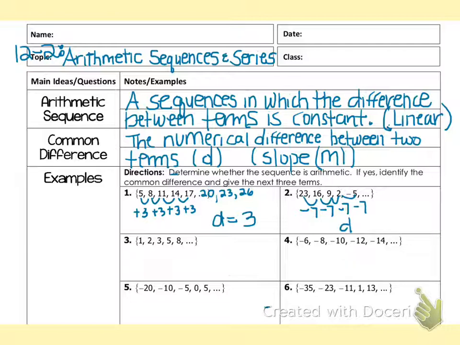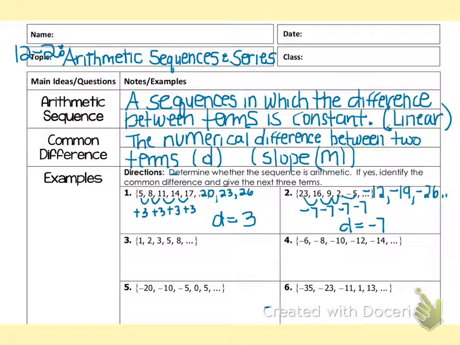The common difference is negative 7. If this was a line situation, the slope would be negative. And then to generate the next terms, I'm just going to continue subtracting 7. So subtracting 7 from negative 5 is negative 12. Then subtract 7, negative 19. And then subtract 7, negative 26. And it continues on.